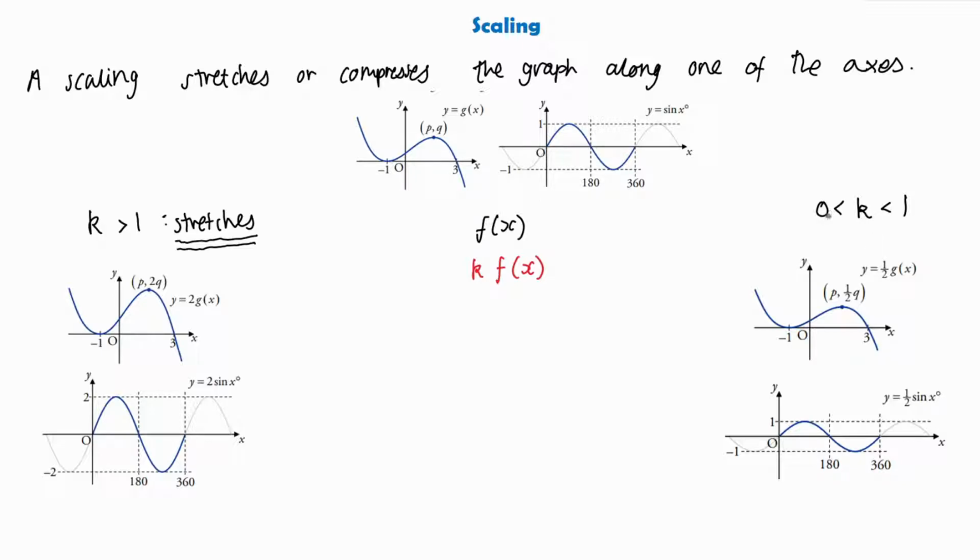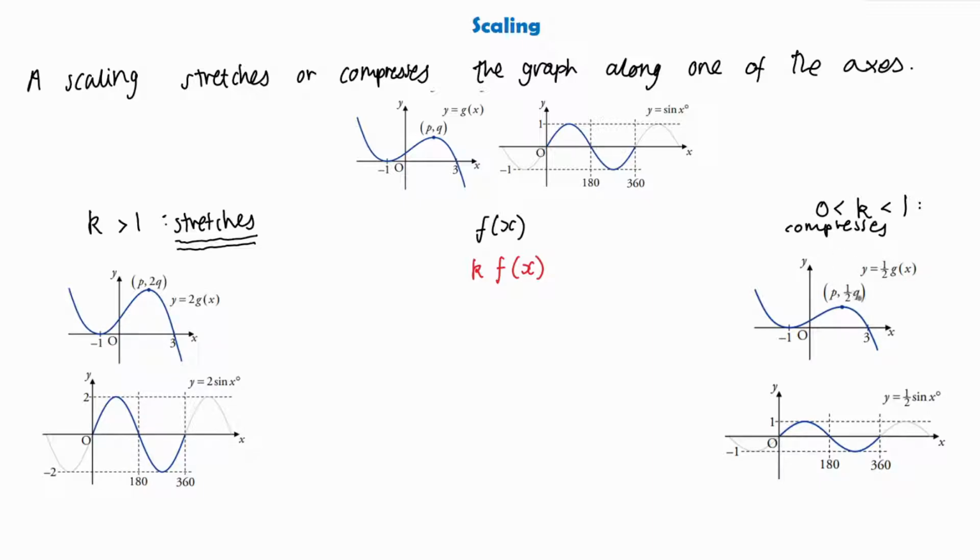Now, if k is between 0 and 1, so not equal to 1 and not equal to 0 either, for example a half, we say that it compresses. Again, I don't really have space at the end, but I'll just write compresses. In this case, it's going to compress the graph, which is just the opposite of stretches. Because it's multiplying by a fraction, as you would expect, it will shrink the graph.